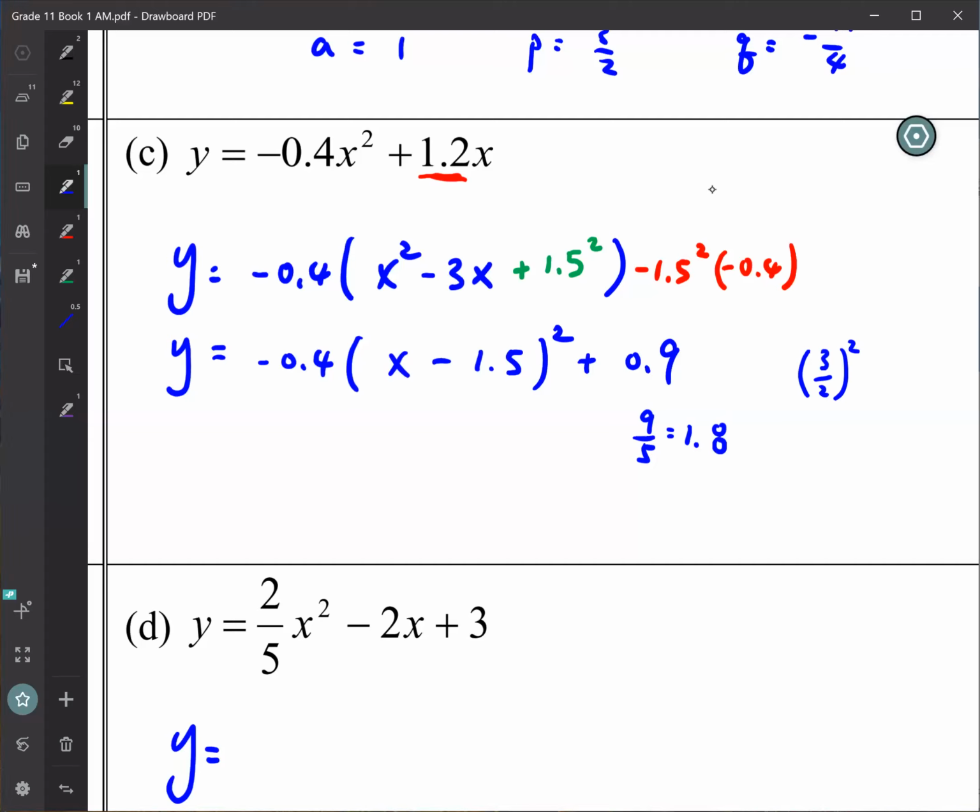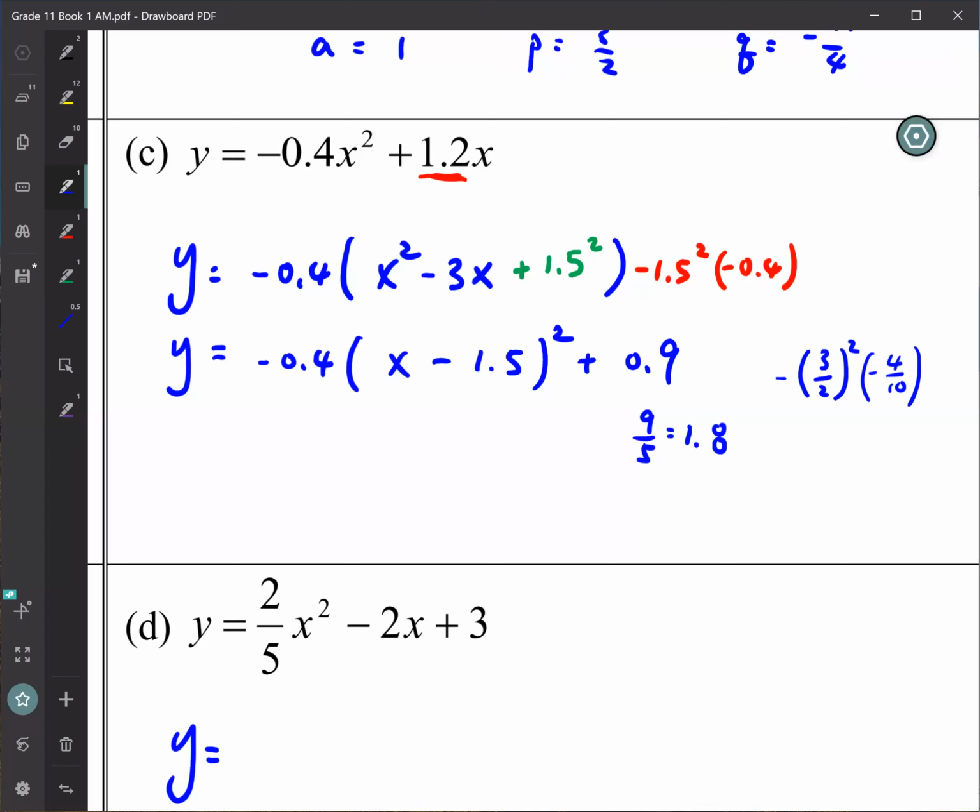Otherwise maybe your calculator only squared the 3 or the 2. So make sure you use brackets, and then times it by, make sure you also have a sign, minus, and then 4/10. Put them all in brackets. Let me know if you cannot get the 0.9.